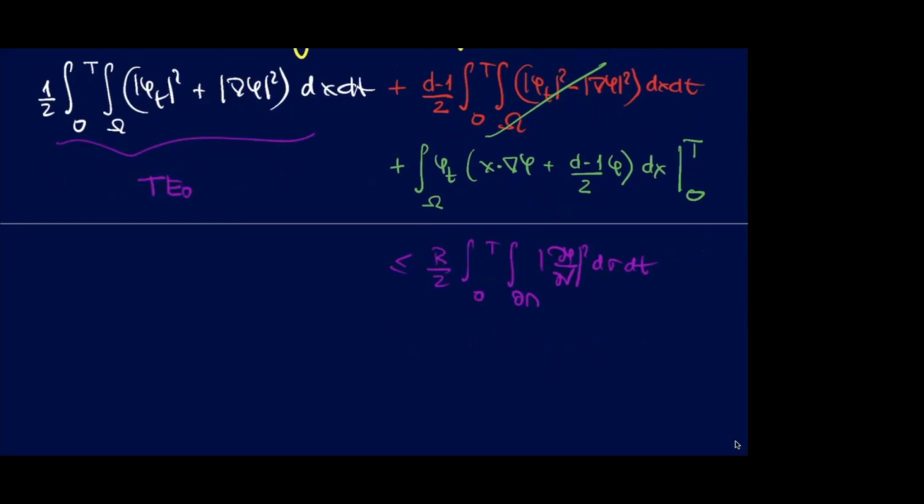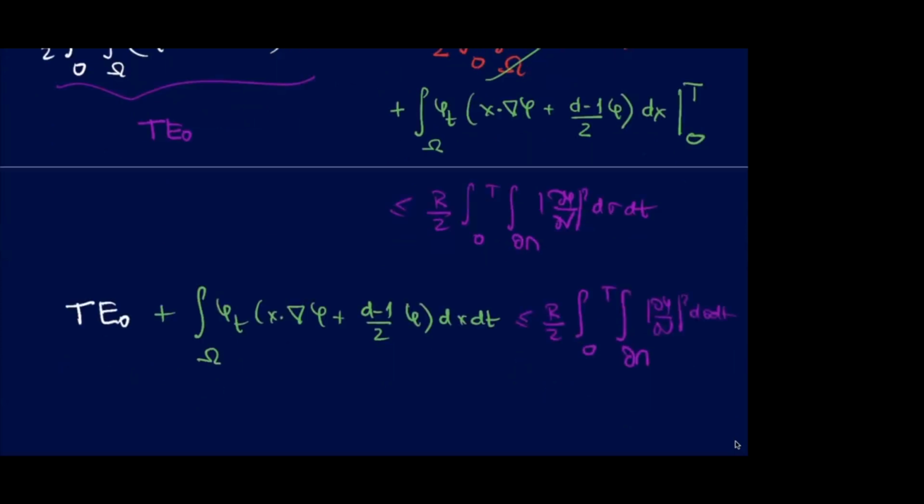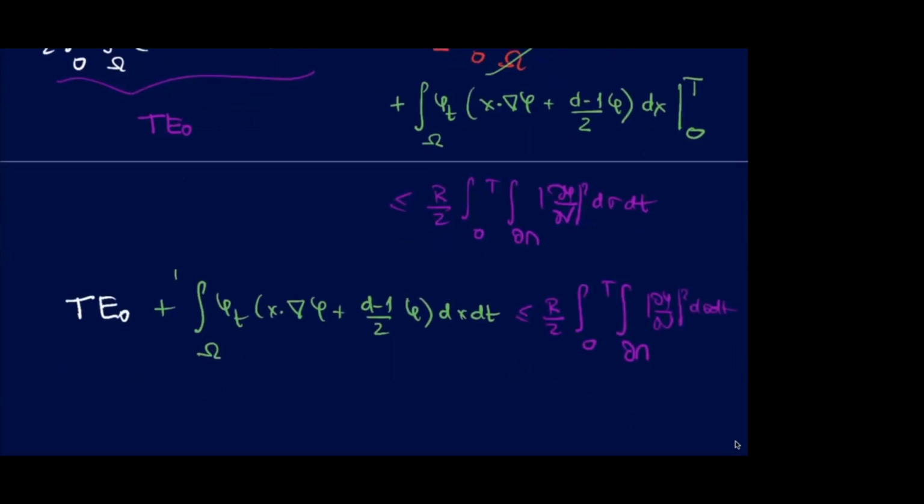We got that T times the initial energy plus a remainder term that is still there is smaller than the boundary observation. So it's almost done, but this term is still here.